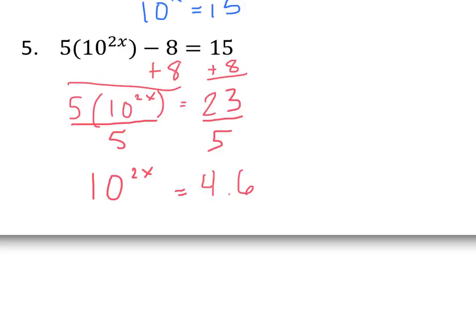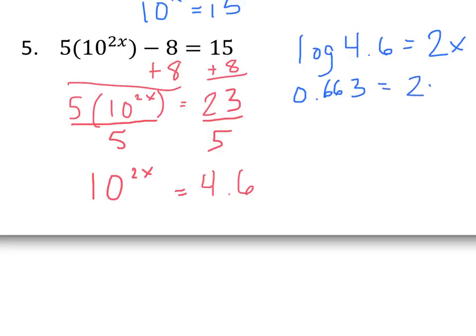Right, now I'm ready to take the log of 4.6, and that equals the exponent, and my exponent is 2x. So if I find the log base 10 of 4.6, I get 0.663, I'll round it here, equals 2x.